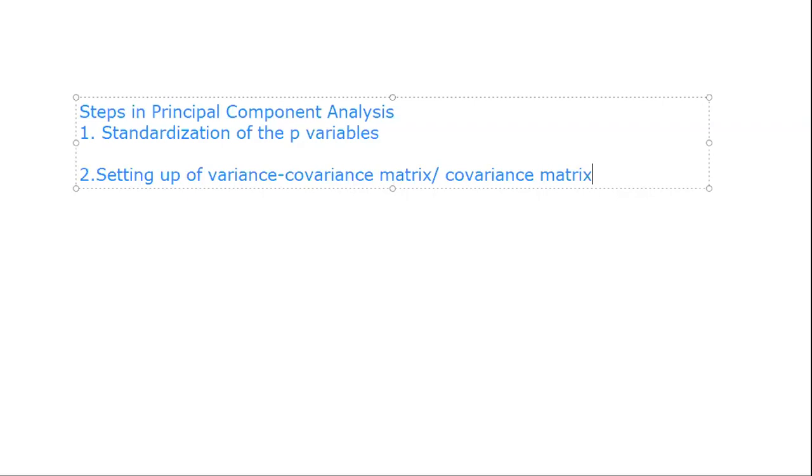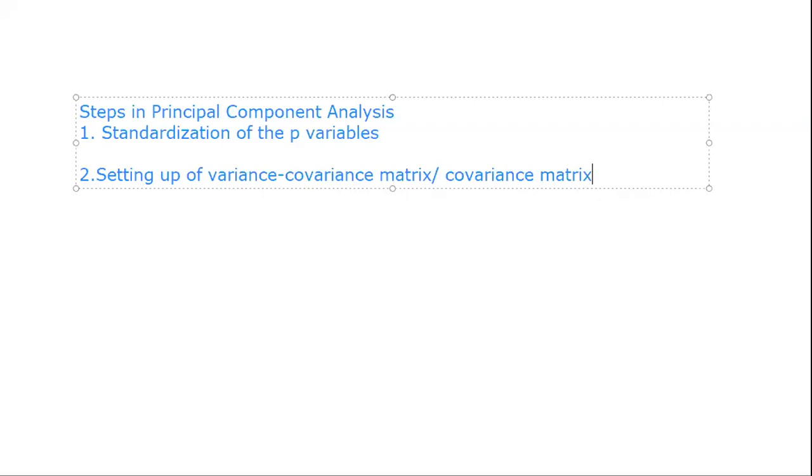We need to set up a covariance matrix because the covariance matrix will enable us to measure the expansion, the deviation of the mean of the input variables around the data point in the variable. I remember when I was walking you through the statistical theory, where we went from the deviation matrix to a sum of square product, and then from a sum of square product we found ourselves in a variance covariance matrix.